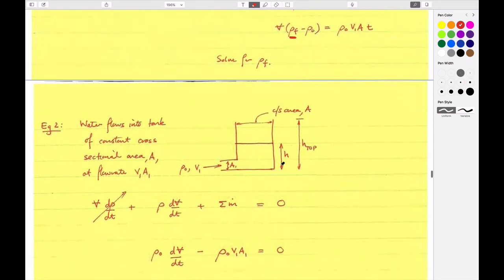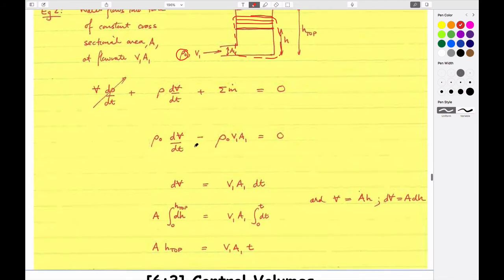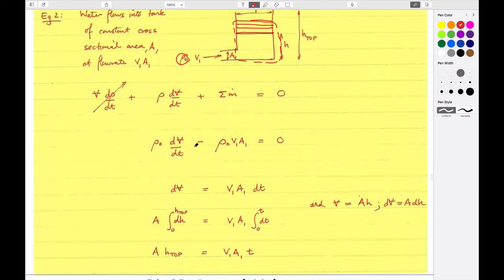Or the converse, a system where fluid goes in at a constant density and the volume of the container changes as you fill up that container, and so the control volume accommodates that volumetric change. And you can use that also to calculate the time taken to fill up the container just by manipulating this mass balance equation for the appropriate components.